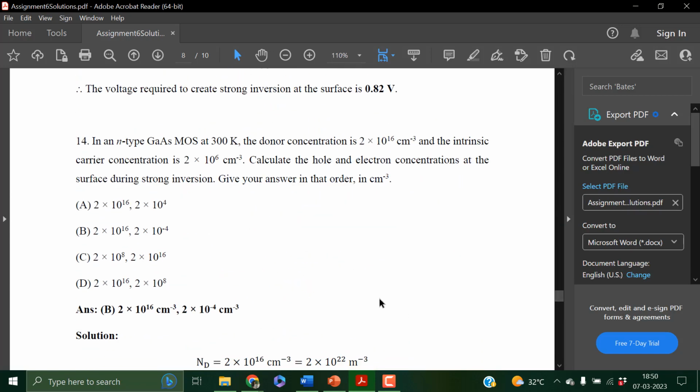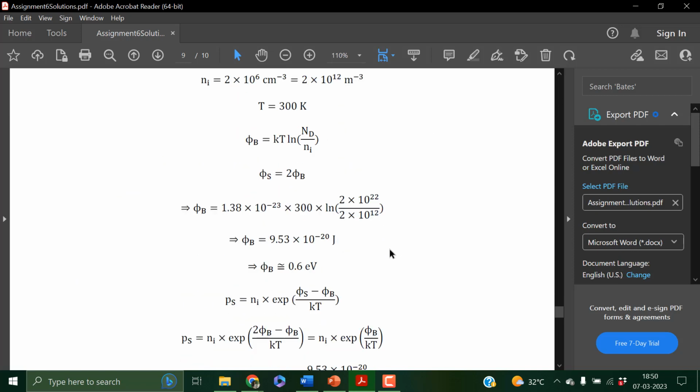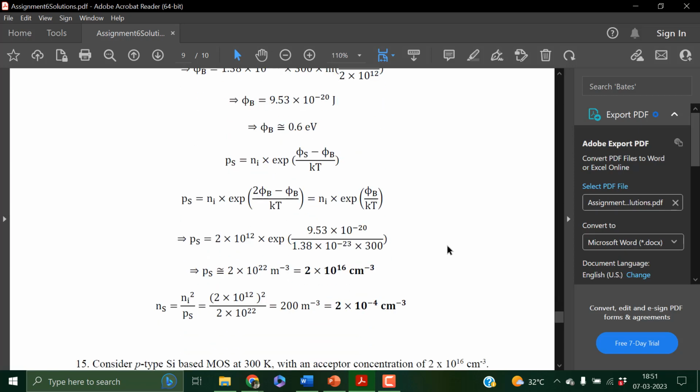In an N-type gallium arsenide MOS at 300 Kelvin, donor concentration is given, intrinsic carrier concentration is given. Calculate the electron and hole concentration at the surface during strong inversion. Strong inversion means up to that condition we can do phi b and phi s, right? Yes, ma'am. Then after that you have to find PS and NS.